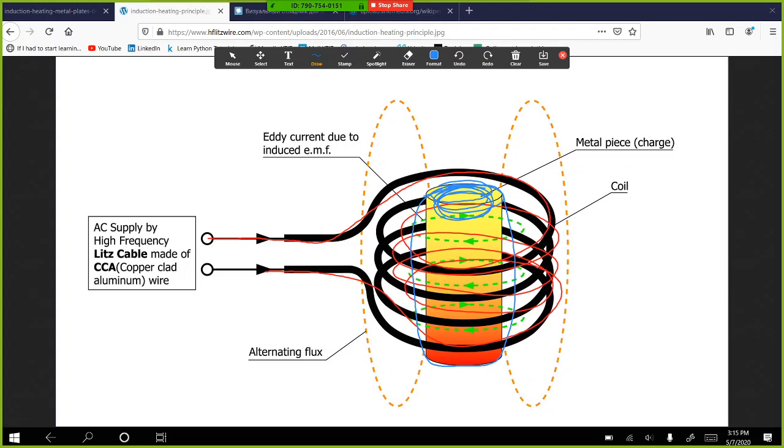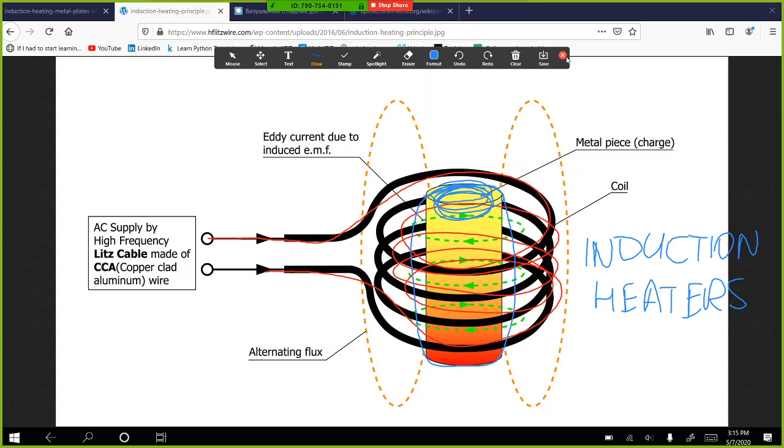And one of the applications of eddy currents is induction heater. Induction heaters. You may read about induction heaters also on the internet.